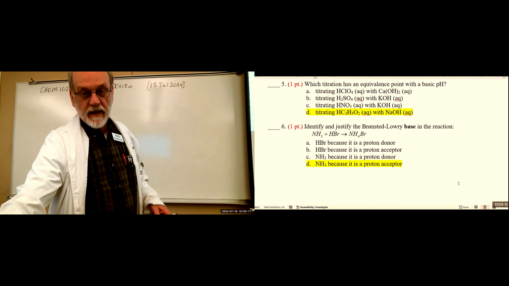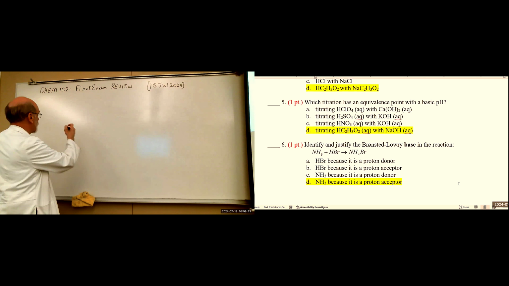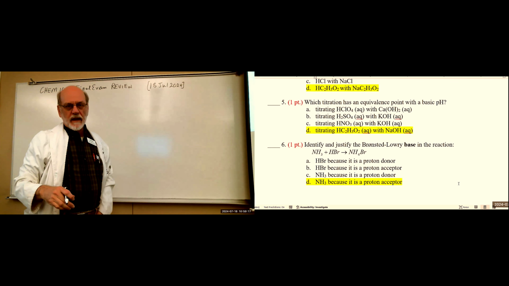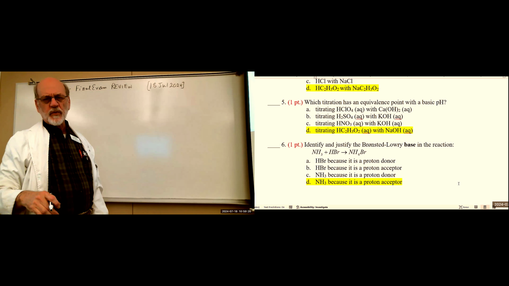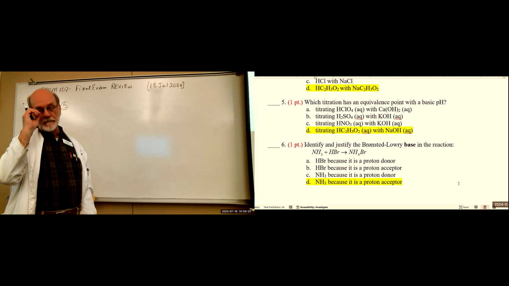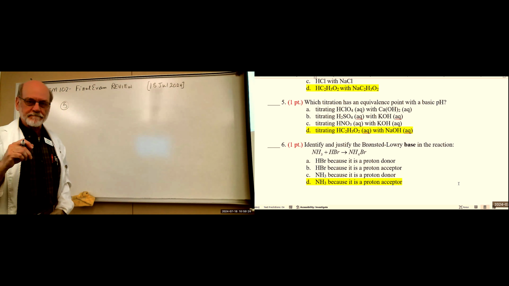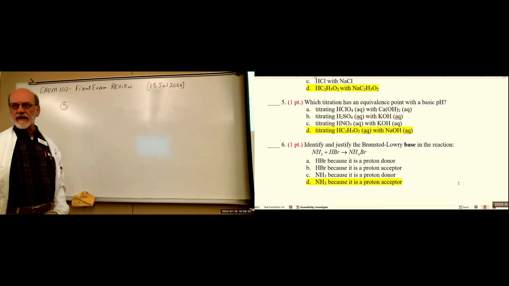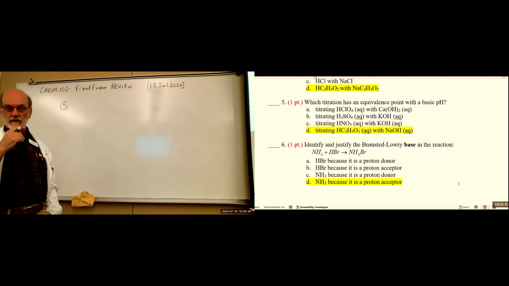All right, number 5. Which titration has an equivalence point with a basic pH? Okay. Where are you at the equivalence point? Where the acid equals the base, molar equivalence.